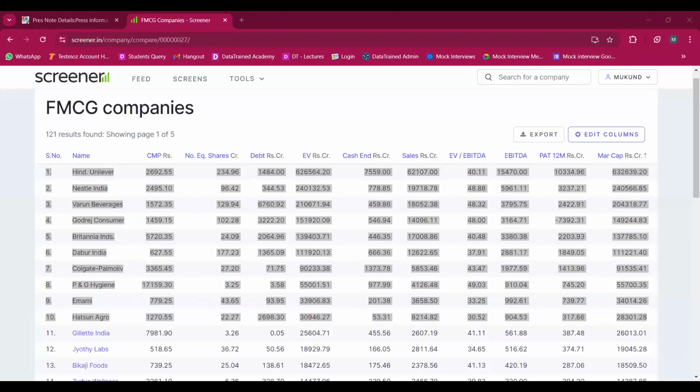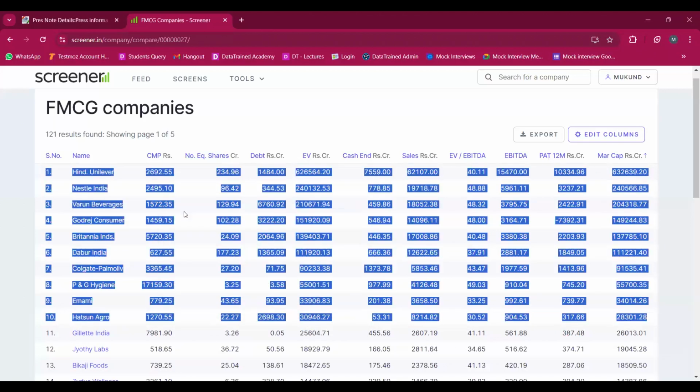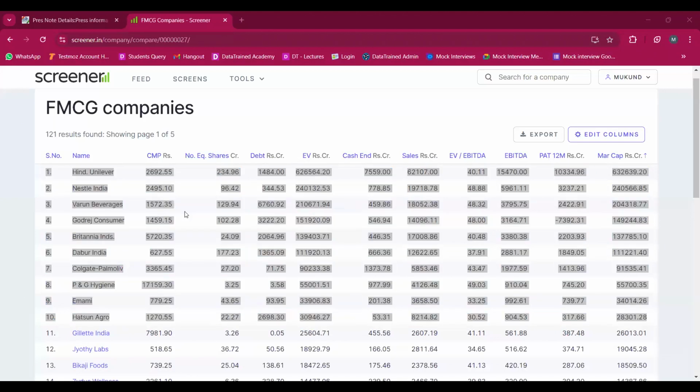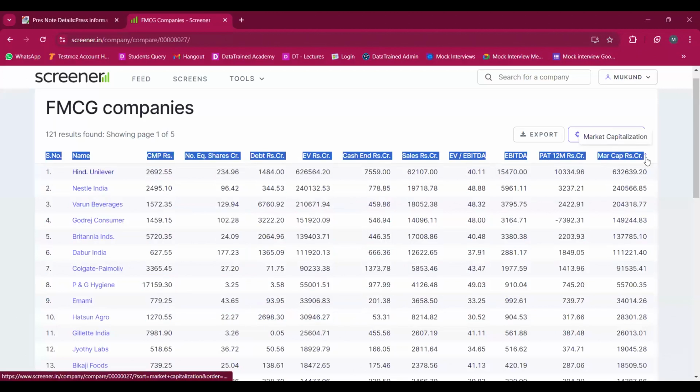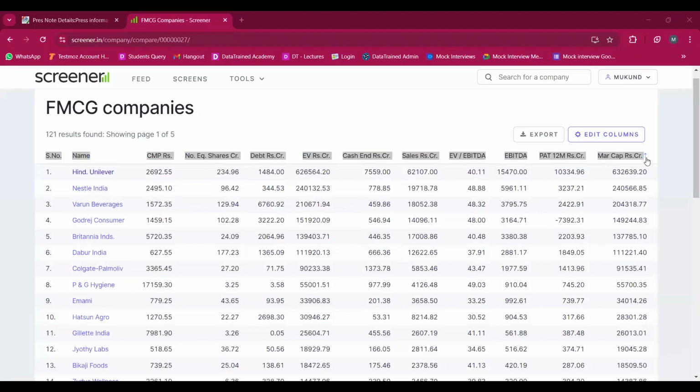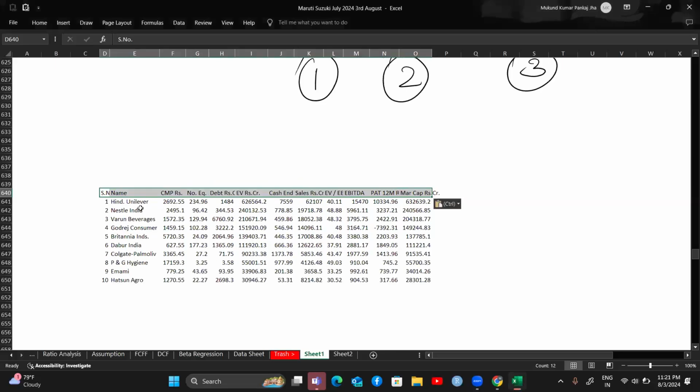So what I have done over here is copied the data.